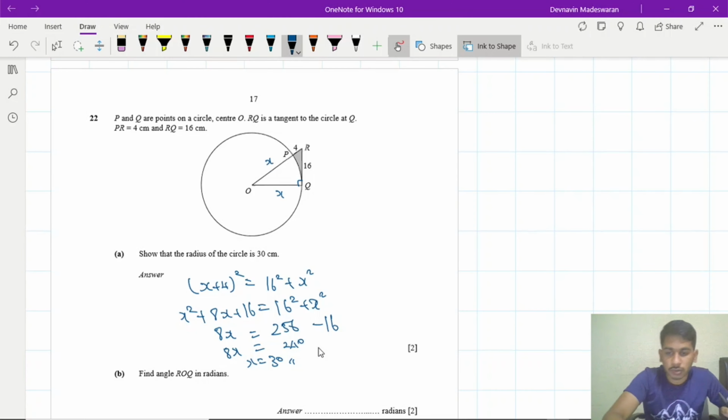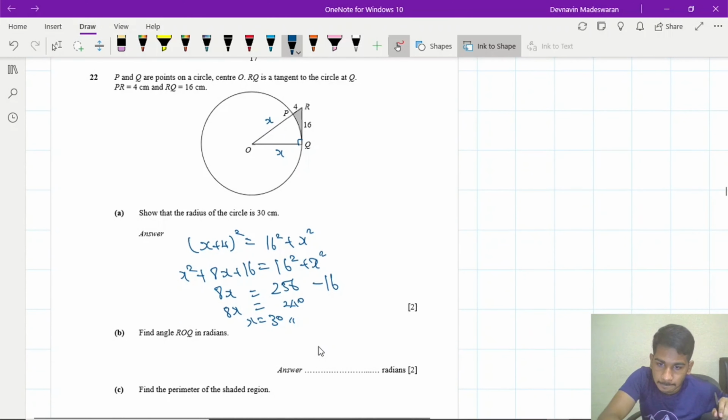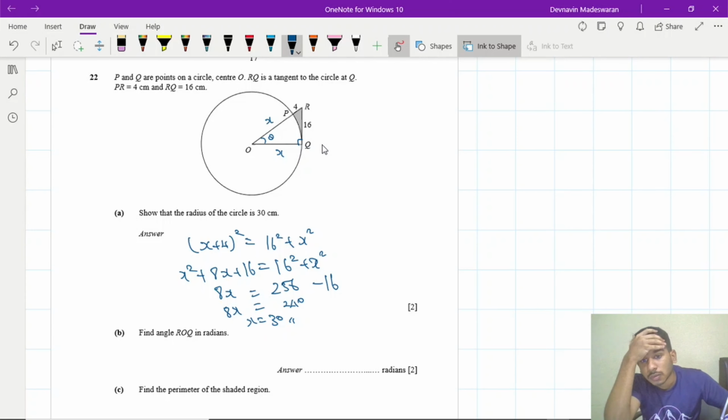Find the angle ROQ in radians. So let this be theta. Since it's a tangent, it's opposite over adjacent.